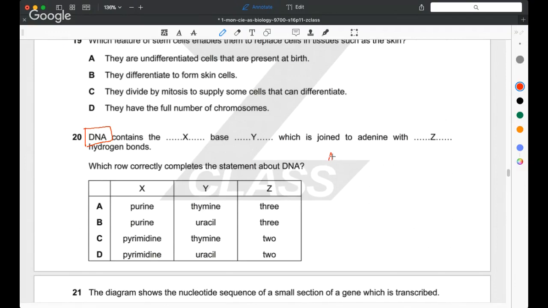For example, you know there are 4 bases in DNA, and you get 2 hydrogen bonds between adenine and thymine, and you get 3 hydrogen bonds between cytosine and guanine. But you've also got to know, haven't you, whether these are derived from purine or pyrimidine rings.